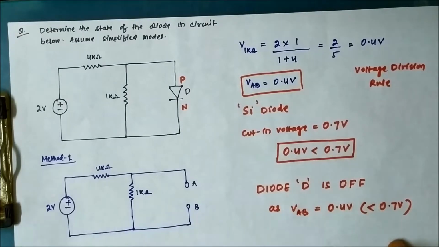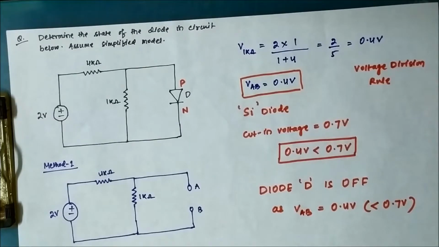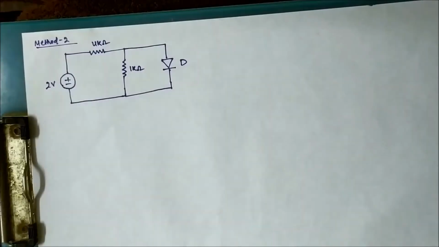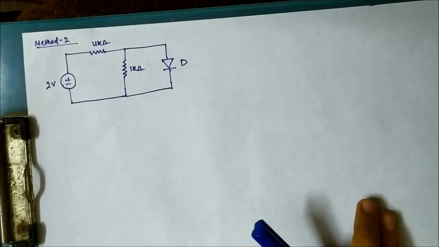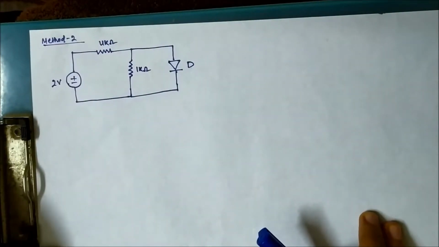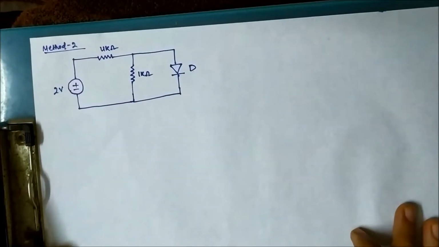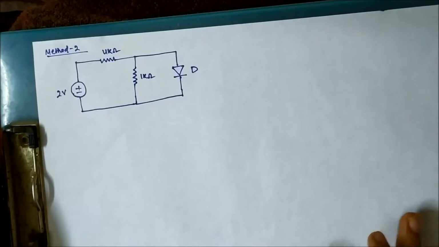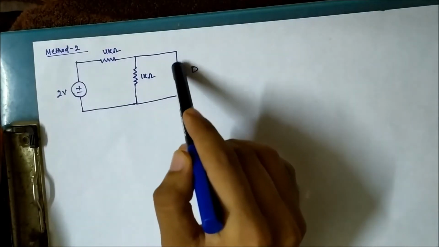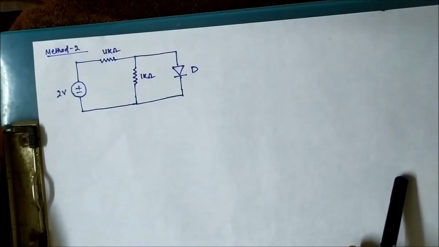Now we will also discuss the second method of approaching this numerical problem, where we will assume that the diode is on. So this is the second method of solving the same circuit to determine the state of the diode D. Here we assume that the diode is on, which means we replace it with its equivalent circuit model, the simplified model.